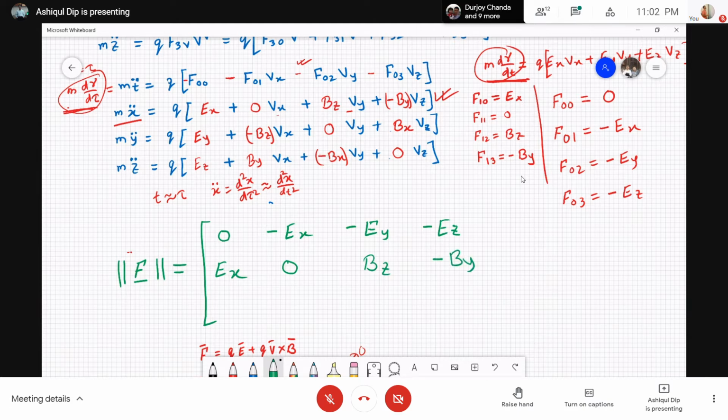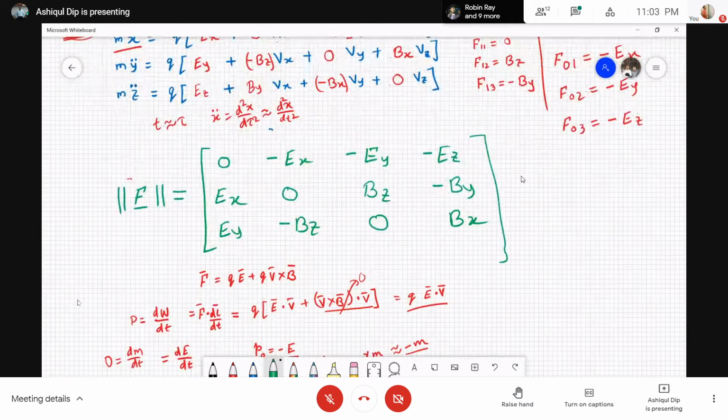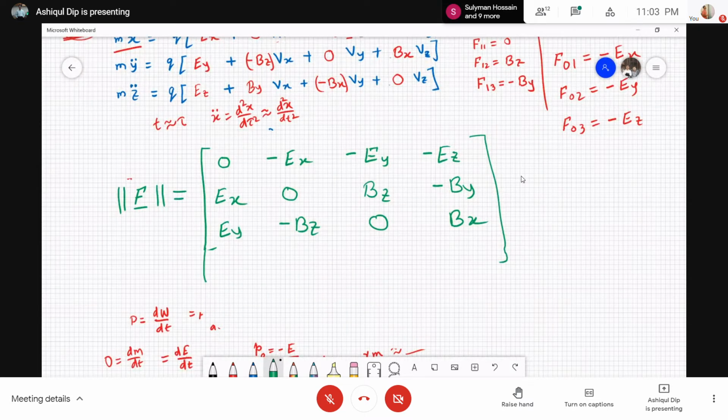Then Ey, minus Bz, 0, Bx. Then Ez, By, minus Bx, 0. Now, just looking at this matrix, can you see anything special about it?